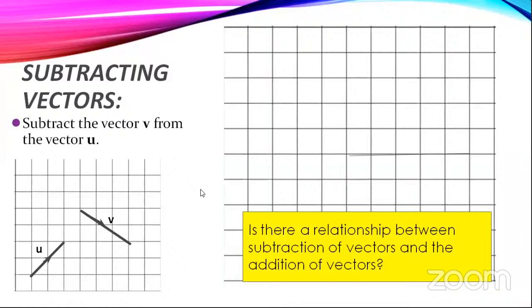Now, before we even give you a problem, we're going to take you through how this would look on a grid paper. And then we're going to ask you if there is any relationship between the subtraction of vectors and addition of vectors. So we wanted to see, based on what we just spoke about, how it would look. So here we have vector u. Now we have vector v. We took them off the grid here and we reproduced them here.